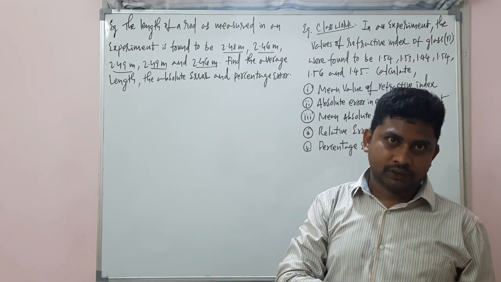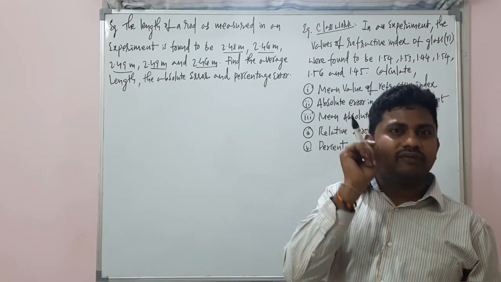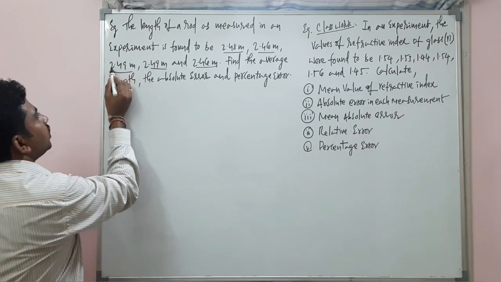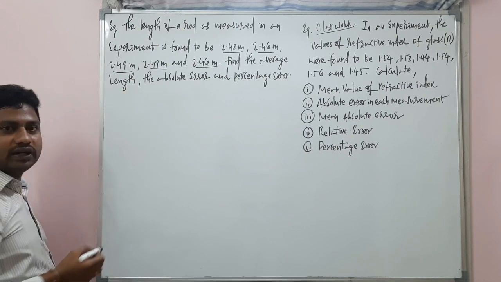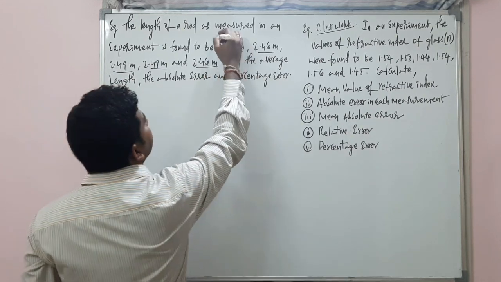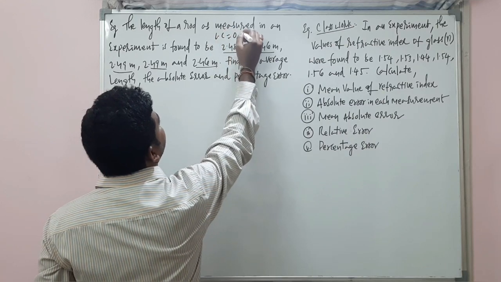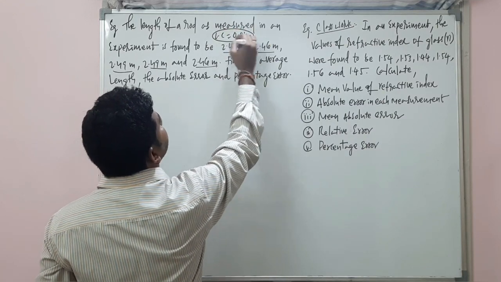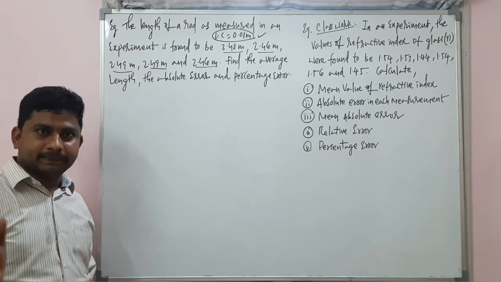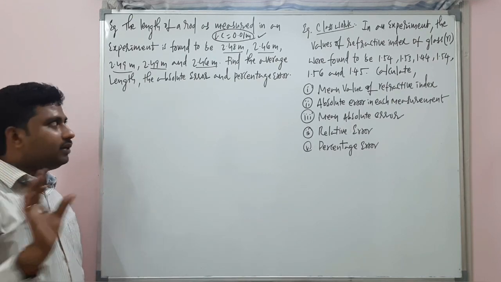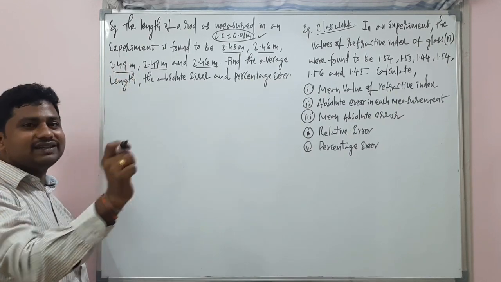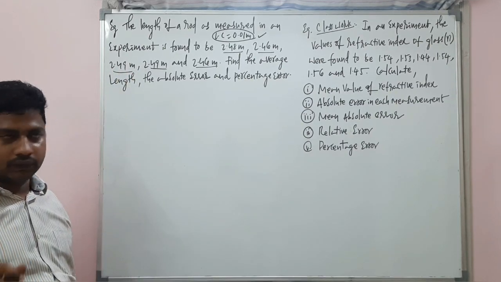The smallest measurable value from this instrument is 0.01. After the decimal, there are two digits. So the least count is 0.01 meters. Keep it aside. It's not required for us now, but still, you should understand: when the measurement is given in this way, 0.01 meter is the least count of that instrument.